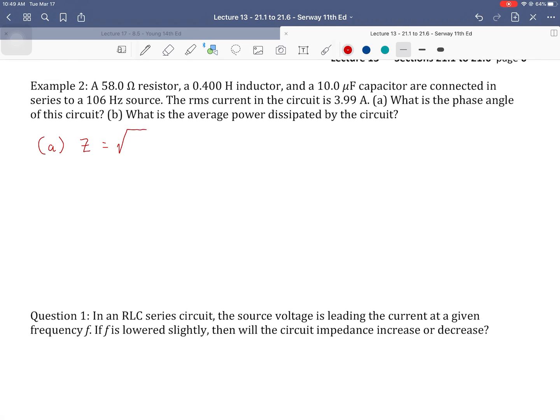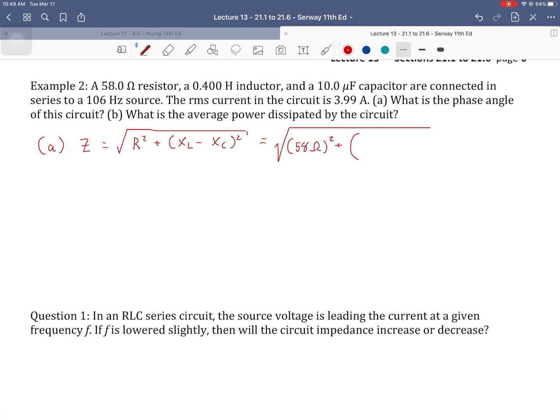So we'll set up the square root like this. Then we're going to have R squared and XL minus XC quantity squared. Let's plug in all our values in one swoop. We have 58 ohms, and we're going to square it.